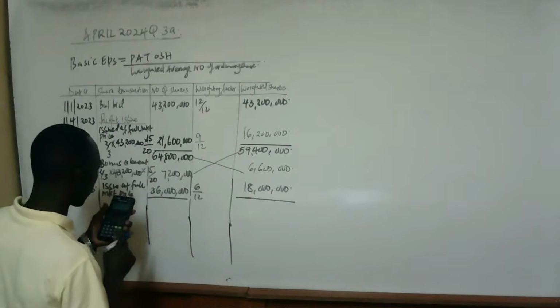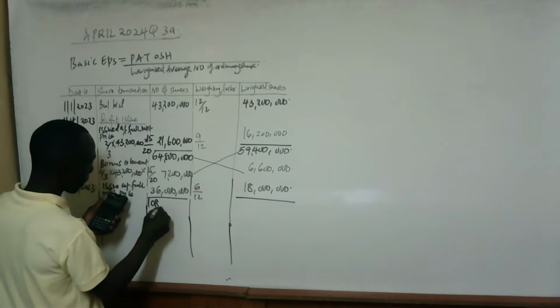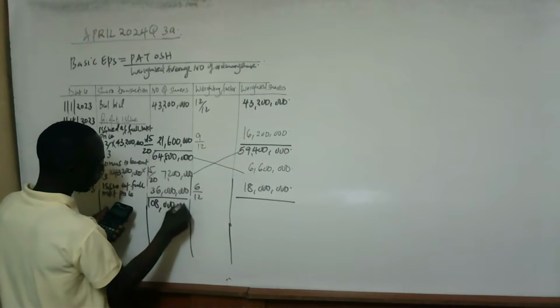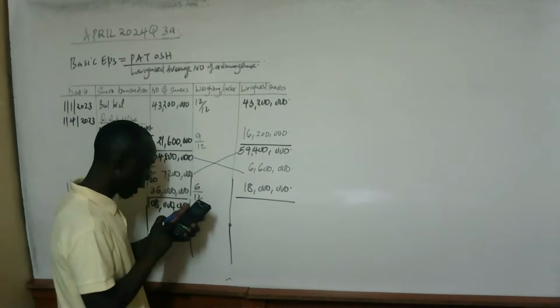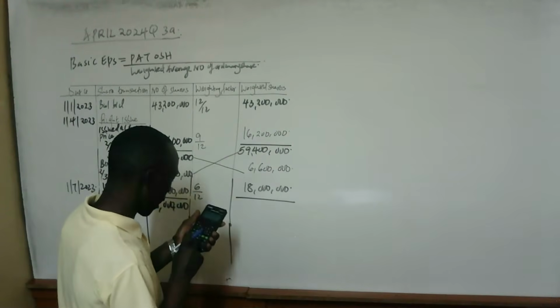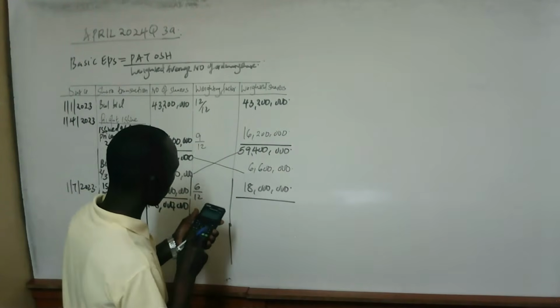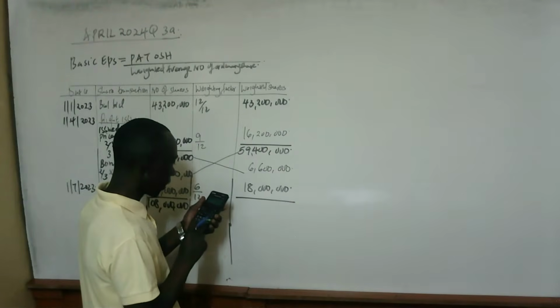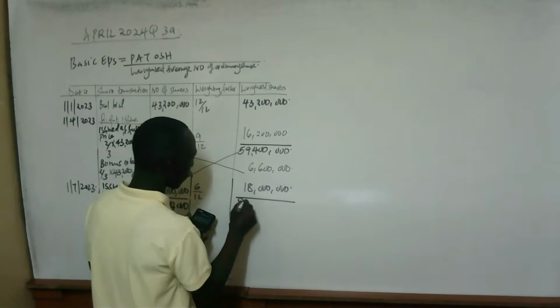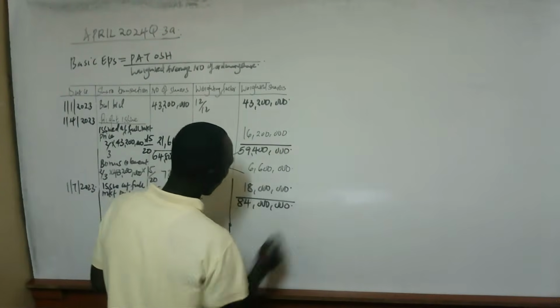So therefore, in this case, we are going to have 108 million. And in this case, we have 59,400,000 plus 6,600,000 plus 18 million. And therefore, in this case, we will have 84 million.